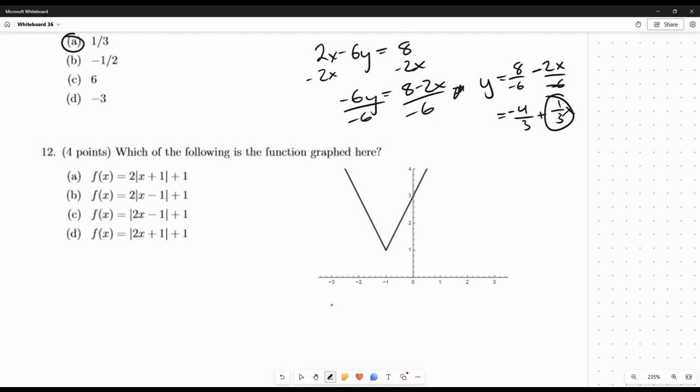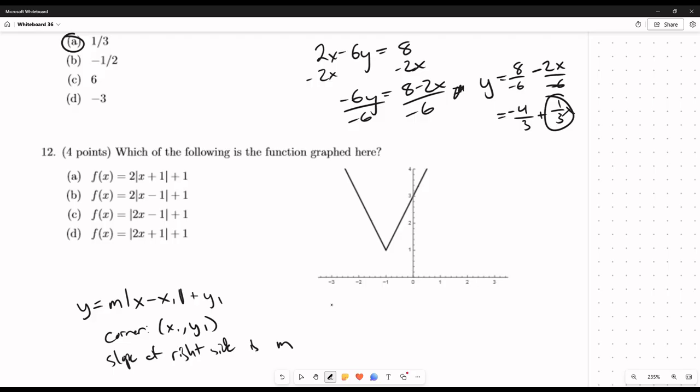If I have an equation of the form y equals m times the absolute value of x minus x1 plus y1, my corner is going to be at x1, y1, and the slope of the right side is going to be m.